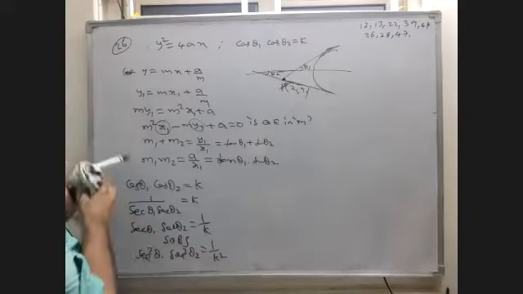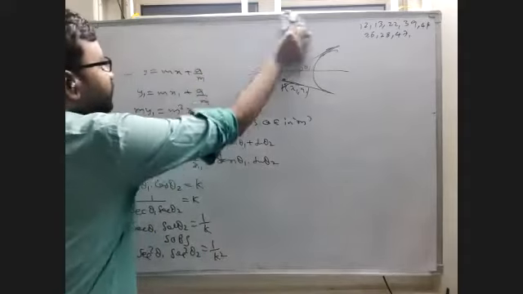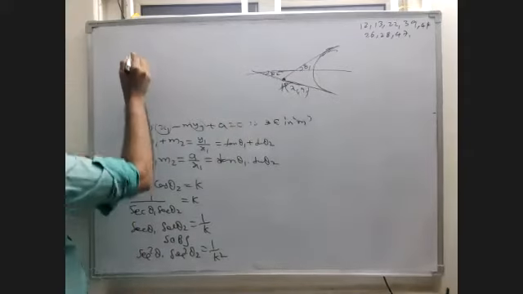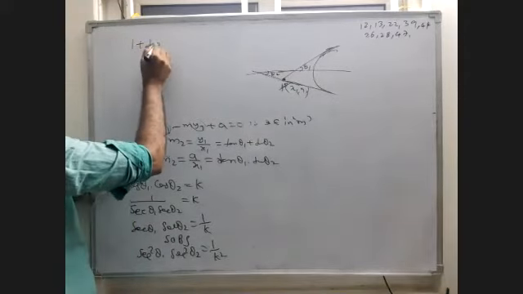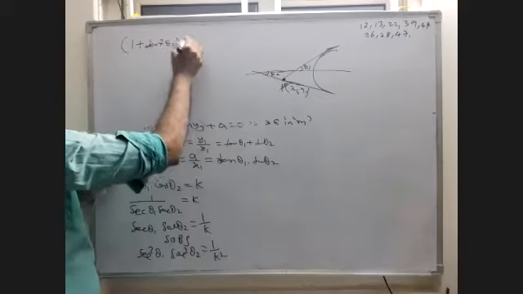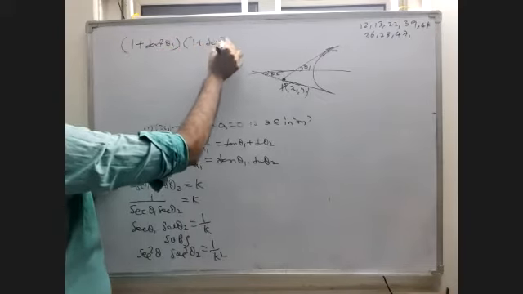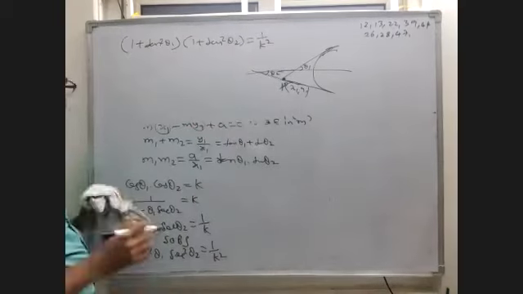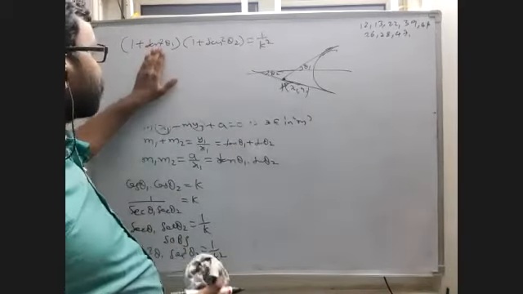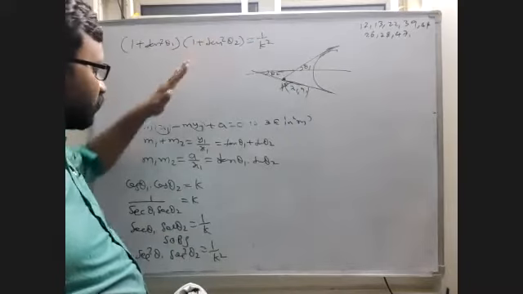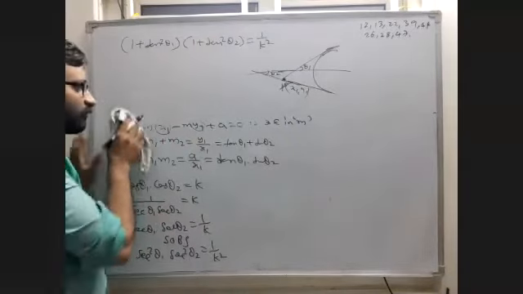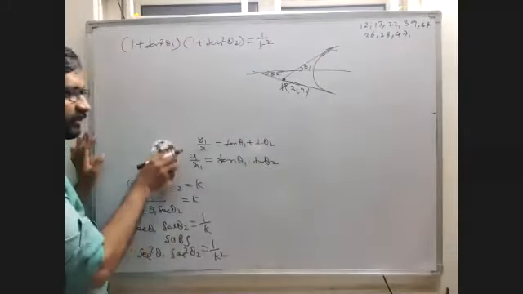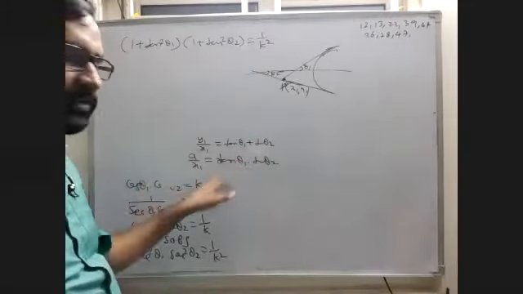Now we can write the secant square theta 1 in terms of tan. Secant square theta 1 is nothing but 1 plus tan square theta 1, into 1 plus tan square theta 2, is equal to 1 by k square. Any doubt, ask me. Next, for tan square theta 1 and tan square theta 2 we have no formula directly. We have to write this in terms of tan theta 1 plus tan theta 2, and tan theta 1 into tan theta 2.